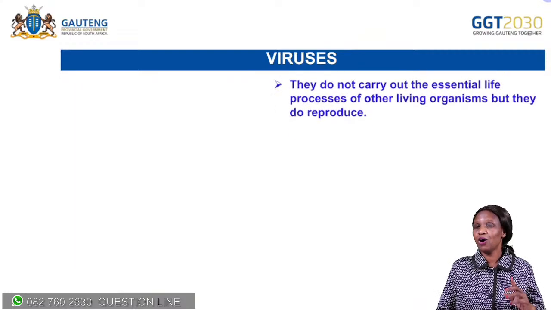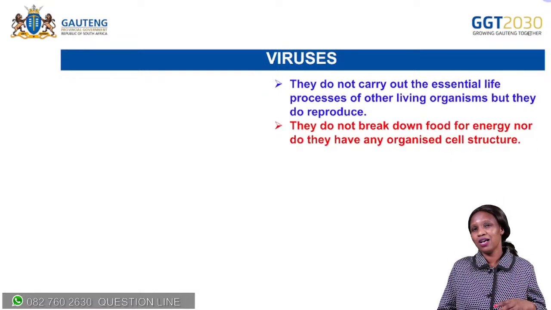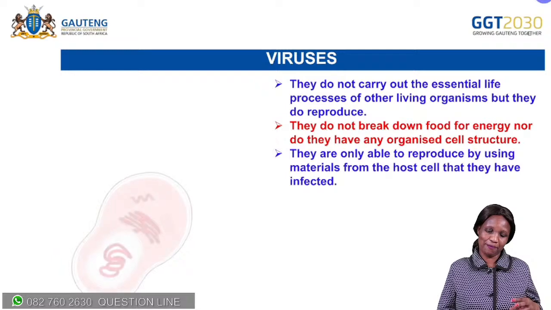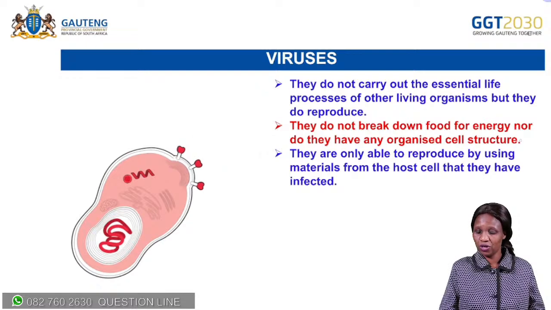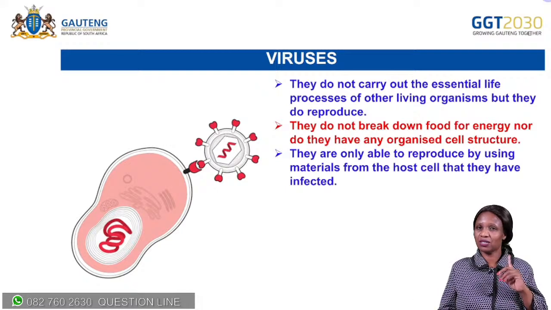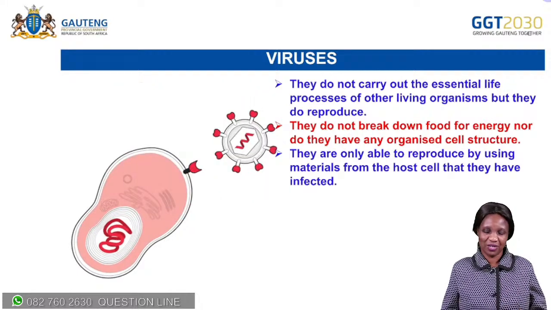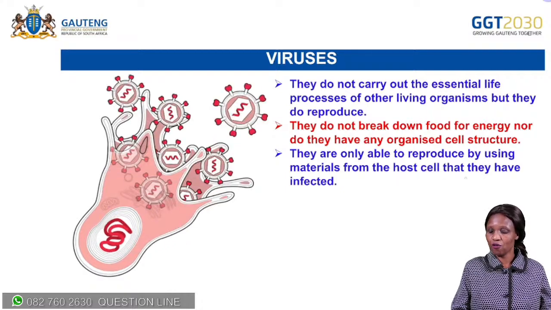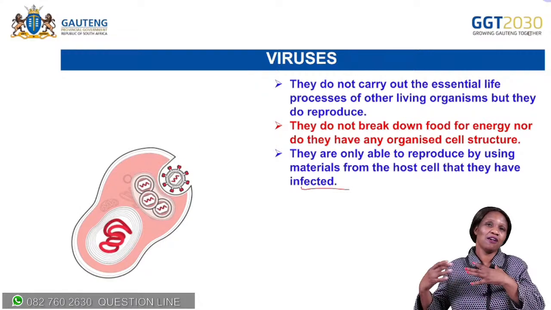And remember, we said they need a host for what? For survival. Therefore, they don't carry out the 7 life processes, and they do not break down food for energy. There is no respiration there. You still remember respiration, grade 8, that we did earlier this term? Good. They are able to reproduce by using materials from the host cell that they have infected.